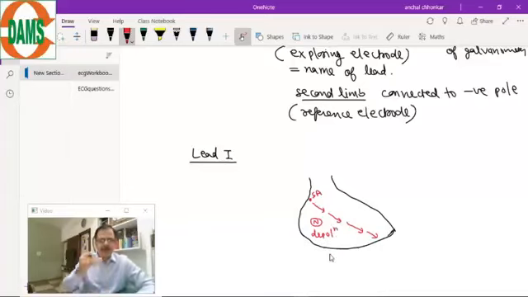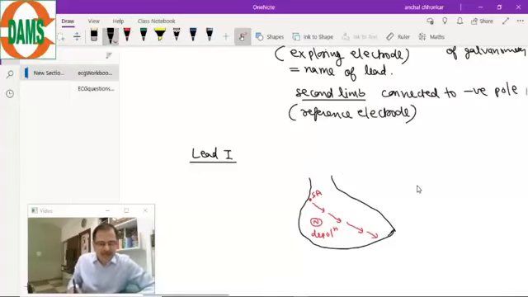The red colored arrows show the depolarization going downward from the SA node. It is a movement of the positive charge from the SA node towards the apex.